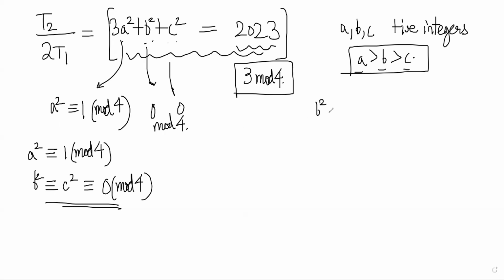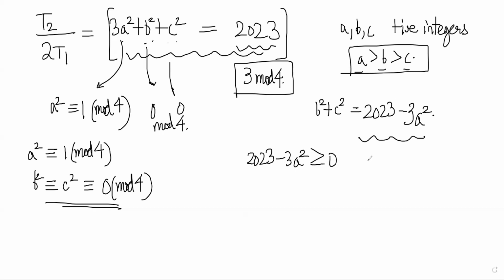So we can write b^2 + c^2 is equal to 2023 minus 3a^2. And because the right hand side, 2023 minus 3a^2, must be greater than or equal to 0, you can easily solve this and say that a must be less than or equal to 25.